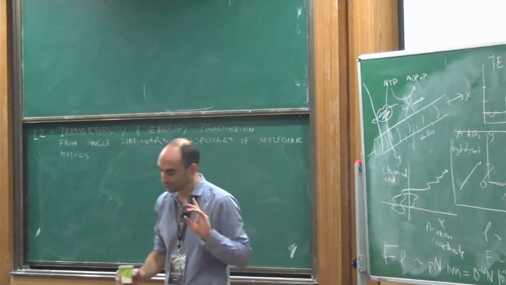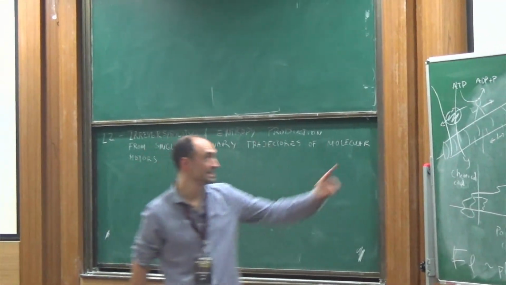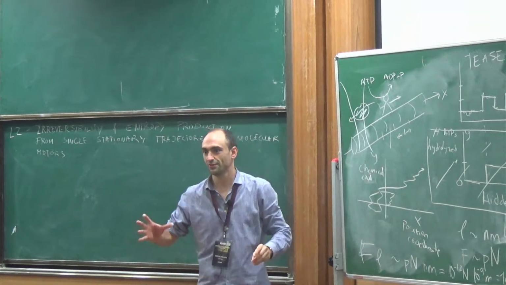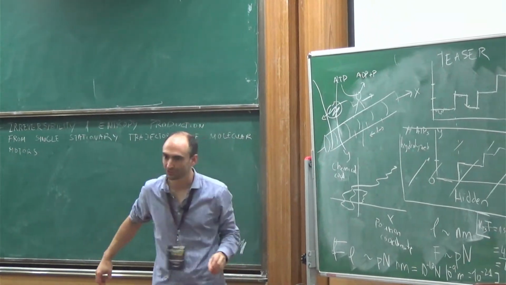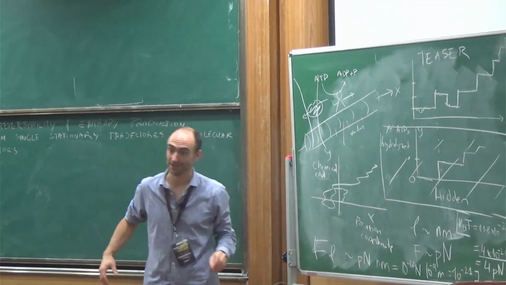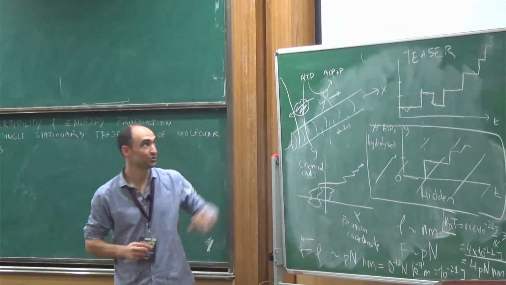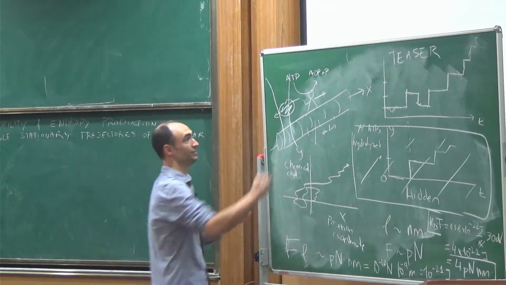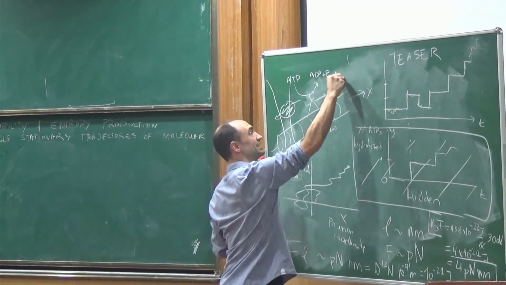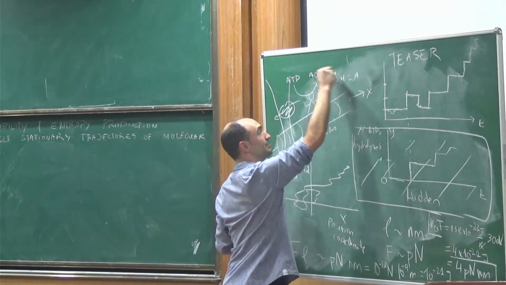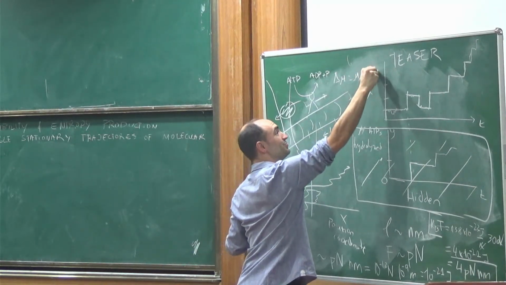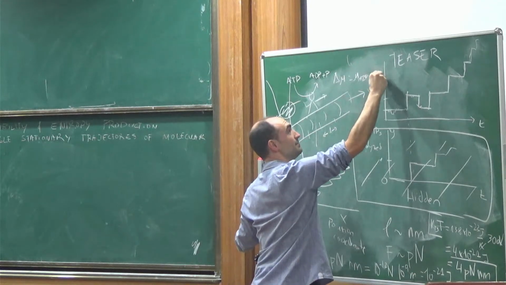They are of the order of kBTs or tenths of kBTs. Something you have to think about also is how big is the free energy of ATP hydrolysis. On one side there are external forces that pull the motor backwards, but on the other side there is a chemical force that pushes. So you should wonder how much is delta mu. Delta mu is the free energy change in this chemical reaction, mu ADP plus mu P minus mu ATP.